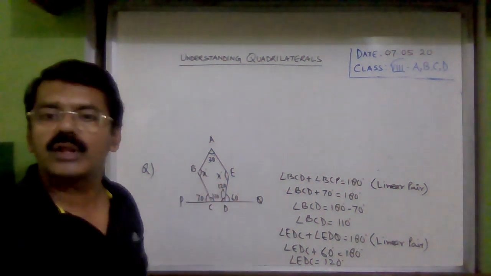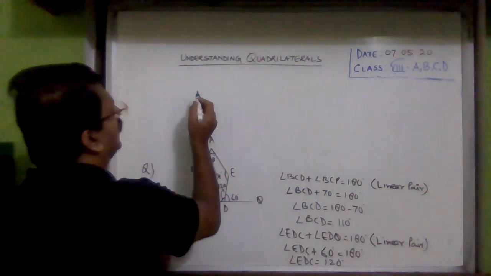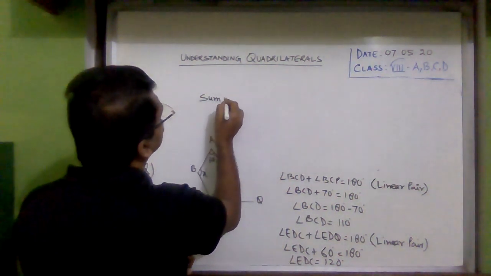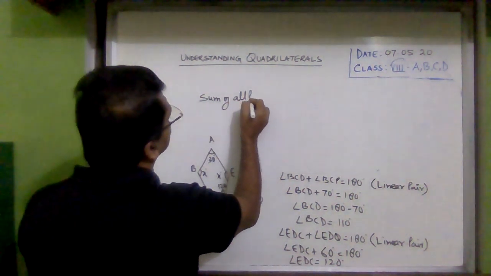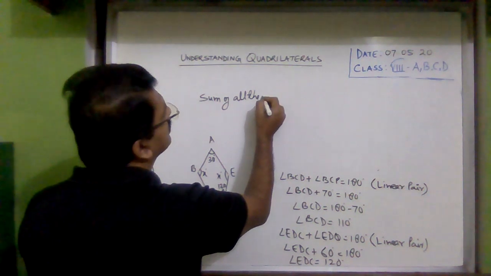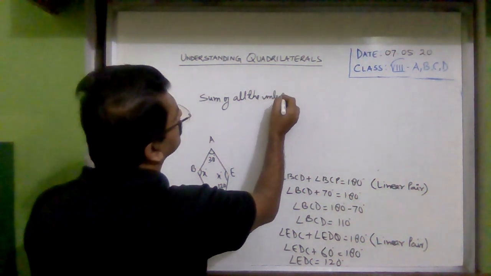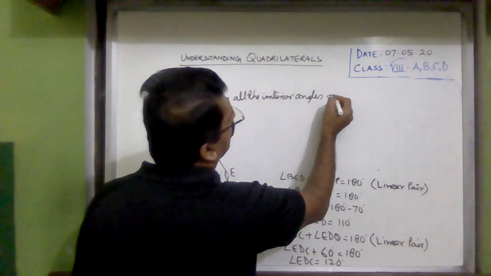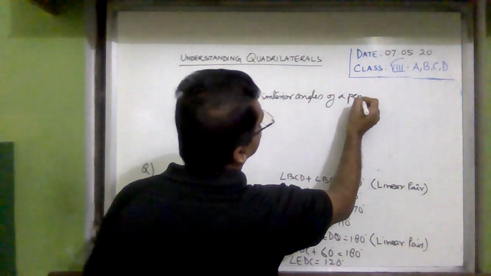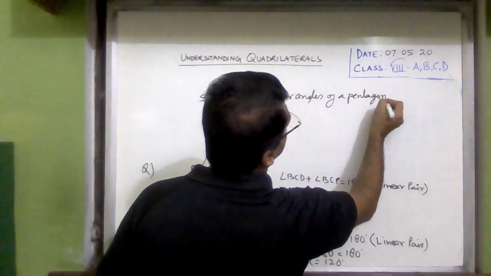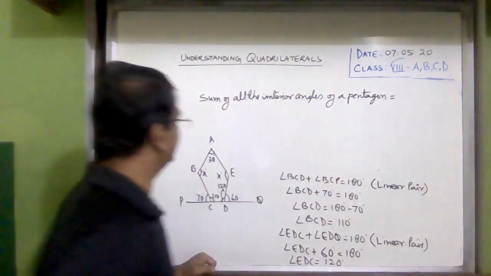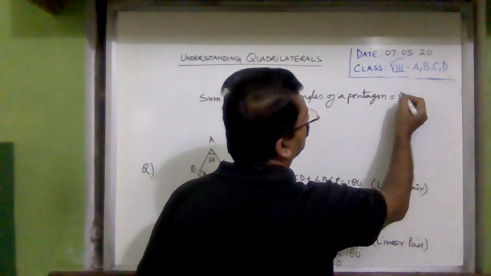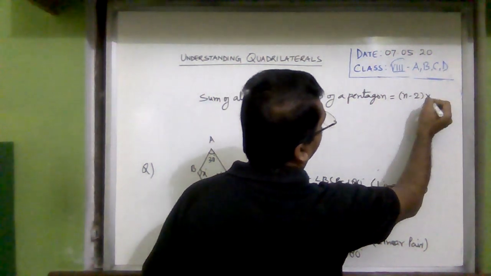So the sum of all the interior angles of a pentagon is equal to, you know the formula I told you, n minus 2 into 180.